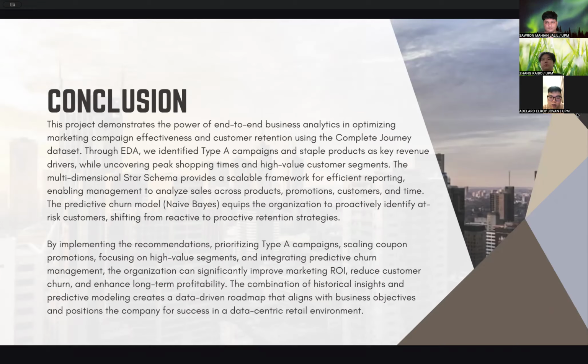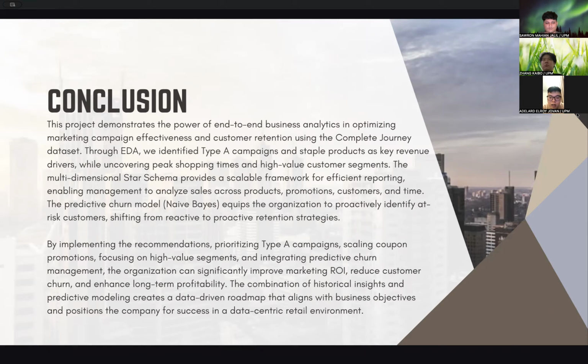The predictive churn model, Naive Bayes, equips the organization to identify at-risk customers, and to identify which strategies are reactive and which are proactive, in order to prioritize type A campaigns, focusing on high-value segments and creating predictive churn management.